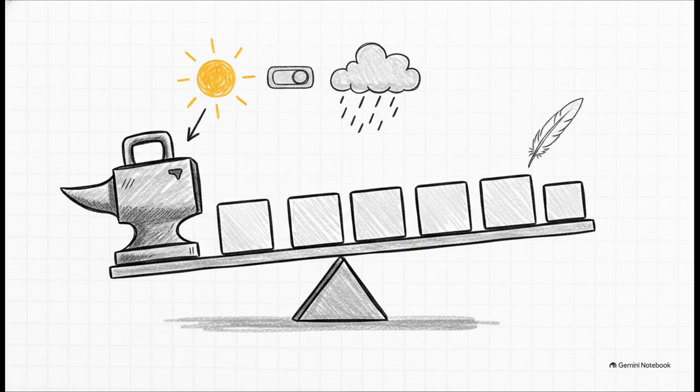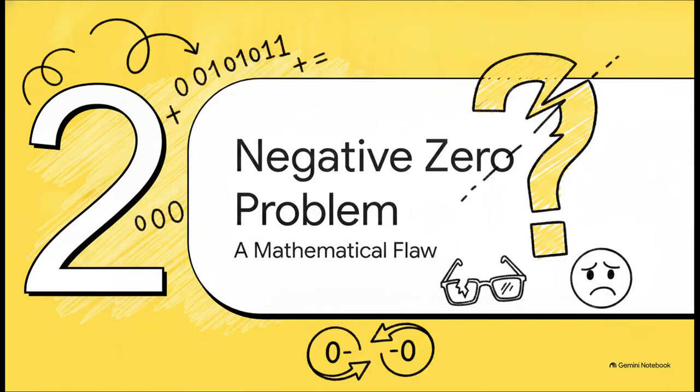Java has a super strict rule. When reading these bits, if the MSB is a 1, the computer instantly knows it's dealing with a negative number. If the MSB is a 0, it's positive. Because of the 2's complement method we just did, every single valid negative number naturally ends up with a 1 in that leftmost position. Now this leads us to a really fascinating mathematical quirk, the negative 0 problem.